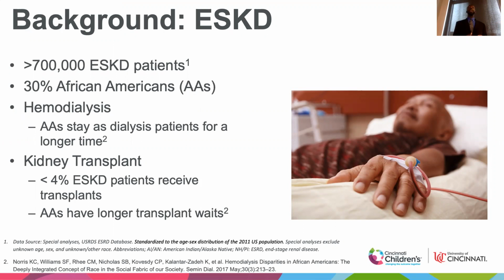And African-Americans stay longer as dialysis patients than their European-American counterparts. With that being said, we can get them off dialysis by giving them a kidney transplant, but less than 4% of end-stage kidney disease patients are receiving a kidney transplant, with African-Americans having to wait longer for a kidney transplant.